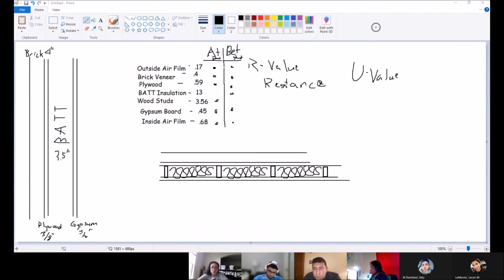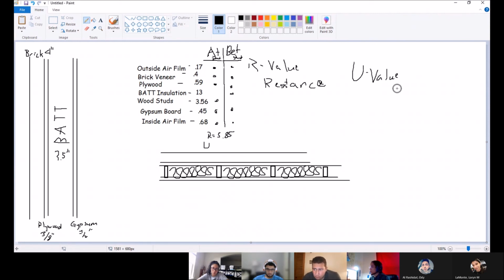All right, so let's just add all that together. 0.17 plus 0.4 plus 0.59 plus 6 plus 0.45 plus. So our R value for at the stud is equal to 5.85.